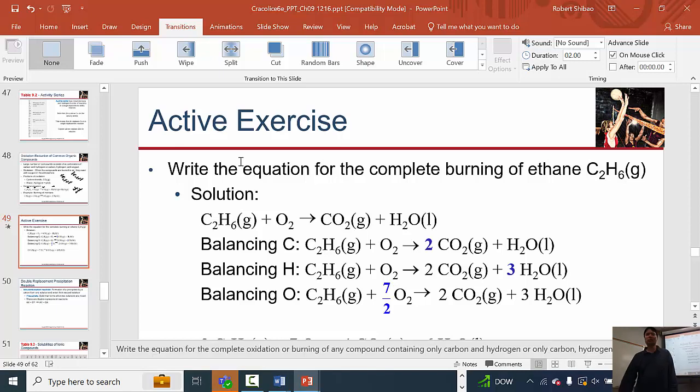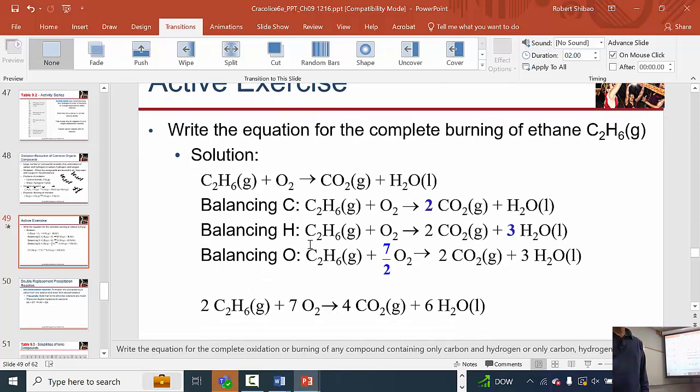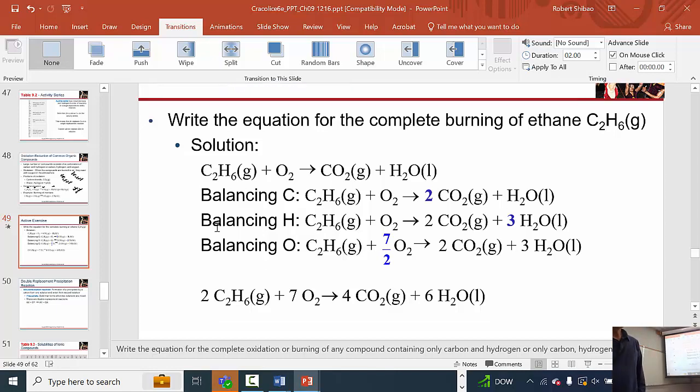Sometimes yes, sometimes no. If we want to get rid of the fraction, how do we do it? Multiply, double everything, so we can get rid of the fraction. Sometimes we leave the fraction in there because we want to know per mole of ethane, what do we get? This is combustion.